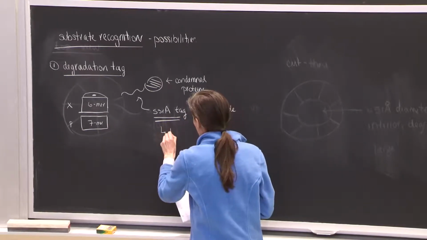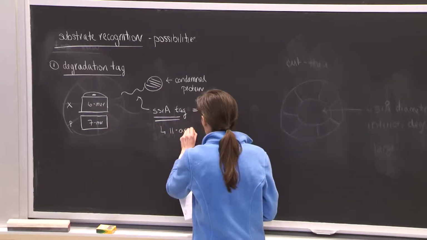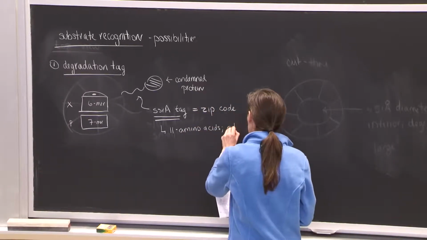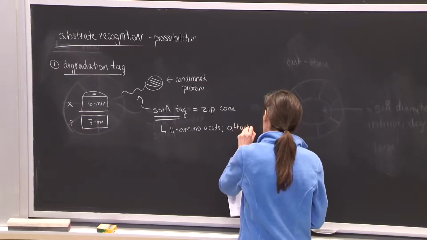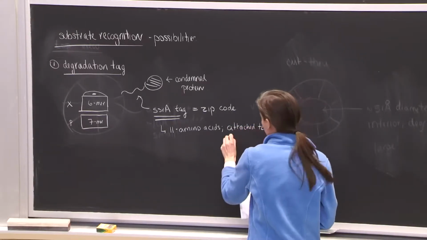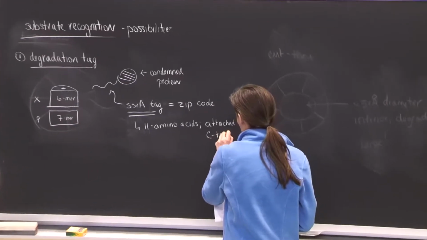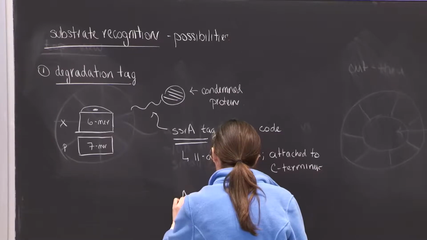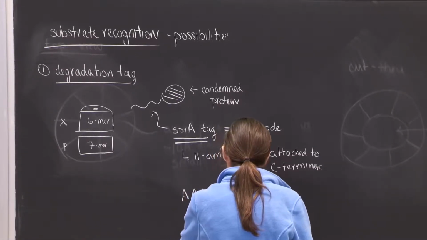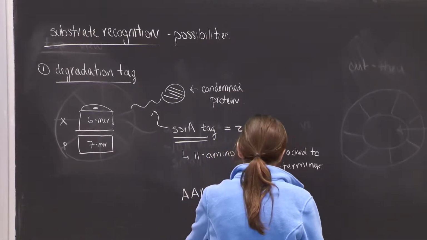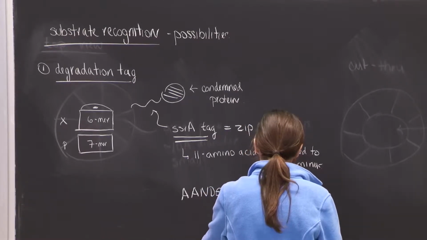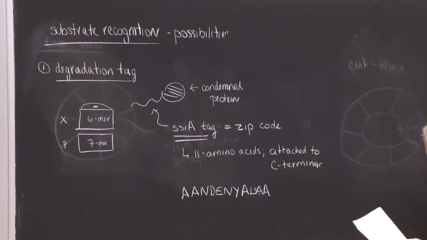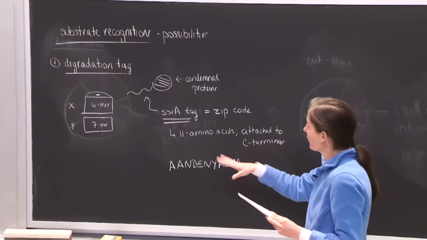Okay, the tag is 11 amino acids. It's attached to the C terminus. Okay, and the sequence is A, N, D, E, N, Y, A, L, L, A, A. And so what happens in this case as shown?